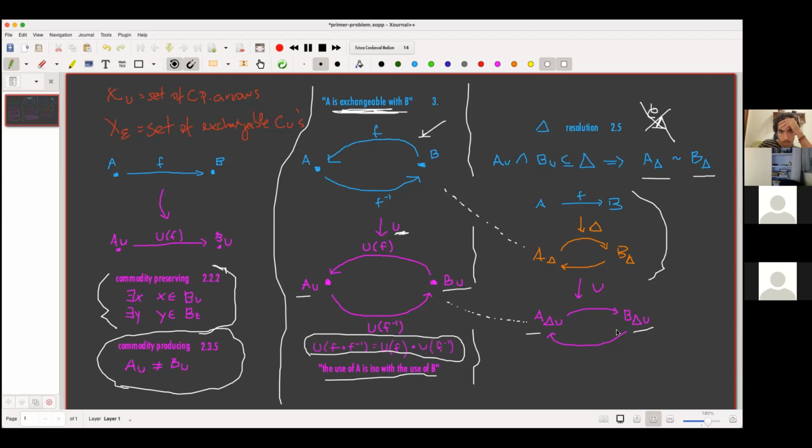But are their uses isomorphic in the same way as, for example, in the rope example? Yeah, you can say their uses are isomorphic under this resolution. So it seems like they're isomorphic in almost like some measure on the uses, which might be value, right?